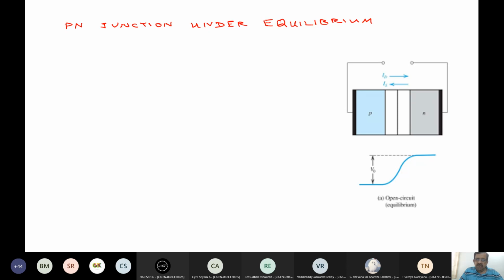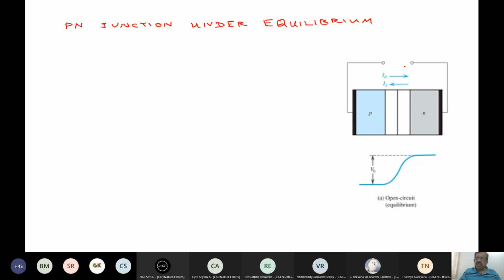Even before we get into applying the field across the terminals, the dark black shown here is the metallization on the p-type material, and again on the n-type material, to enable electrical contacts, which helps you apply the field under forward and reverse bias.